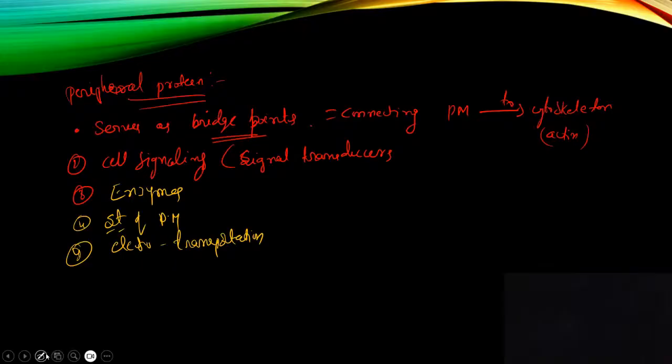The fluid mosaic model, another important heading. The fluid mosaic model was first explained by two scientists, Singer and Nicolson, in 1972.